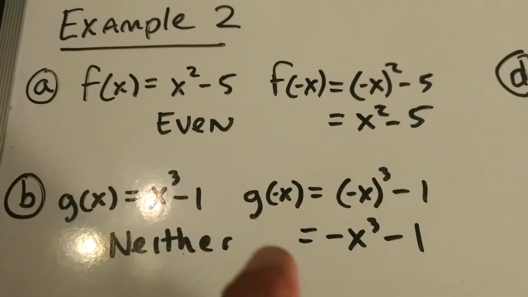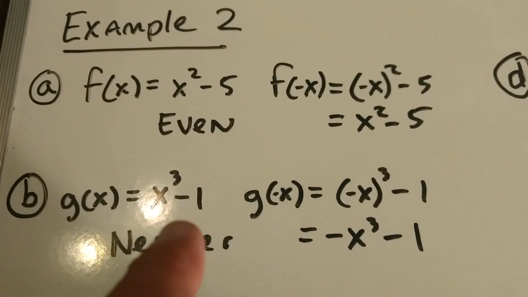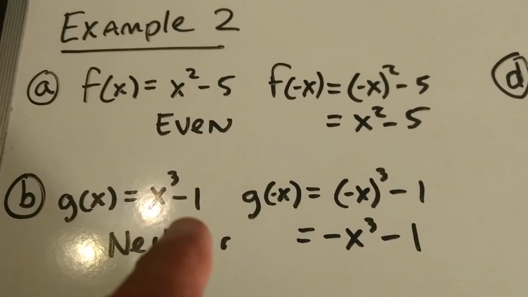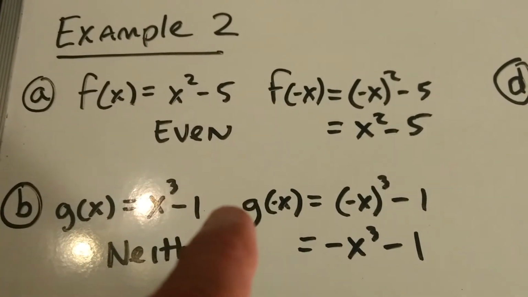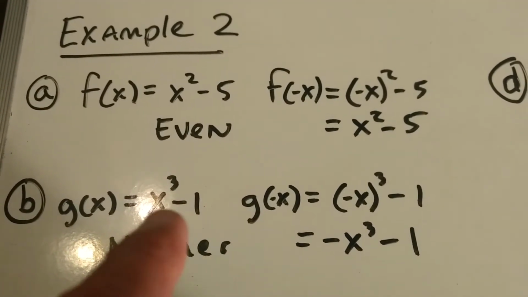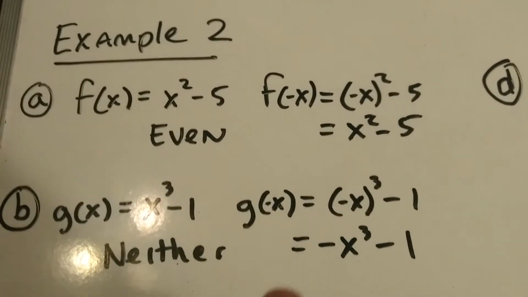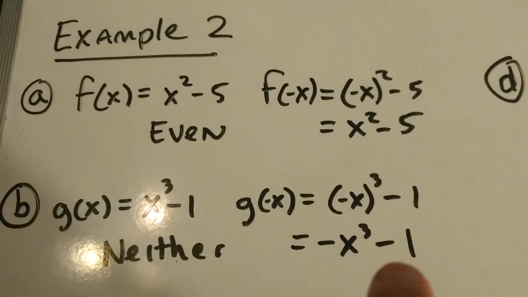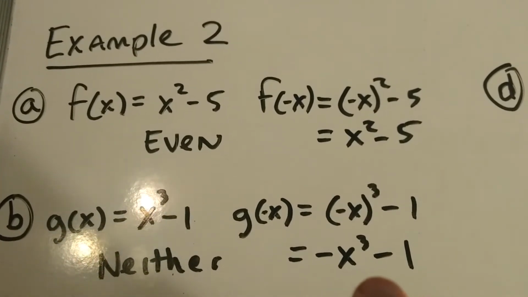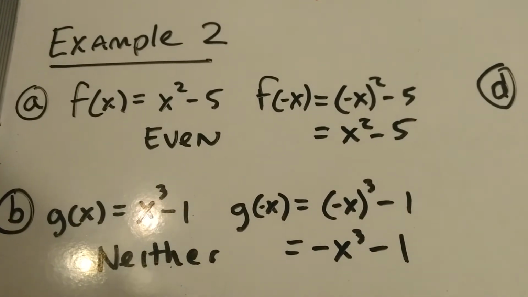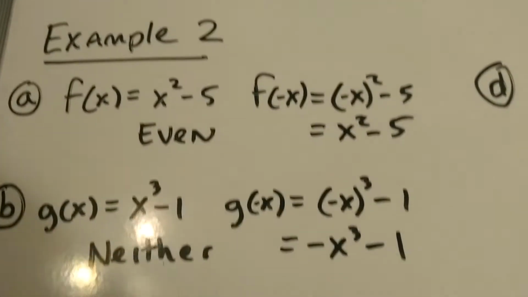A better way to put it is that every term in your function must either keep the same sign to be even or change all the signs in order to be odd. If one changes and one doesn't, it's neither. Another hint is if I have a constant, which the minus 1 here is, that function can never be odd. It can only be neither or even.